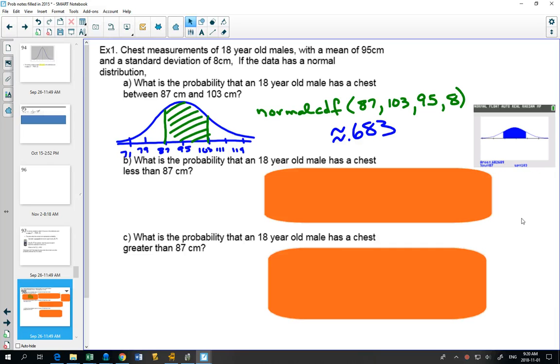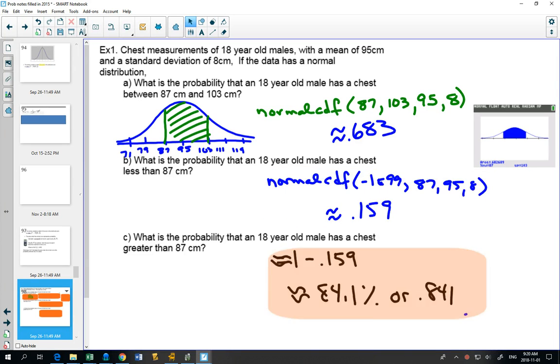Okay. And same thing, we can find what is the probability that an 18-year-old male has a chest size less than 87. And so this one introduces you to this notation. -1 E99 is scientific notation for -1 times 10 to the 99, which is a huge, huge negative number.